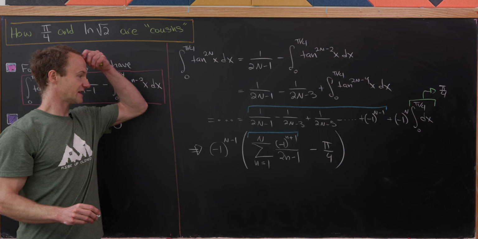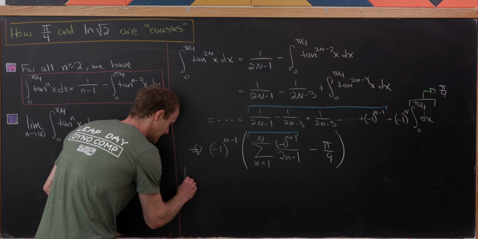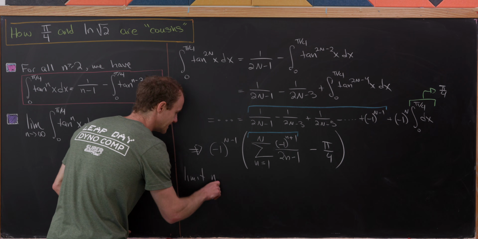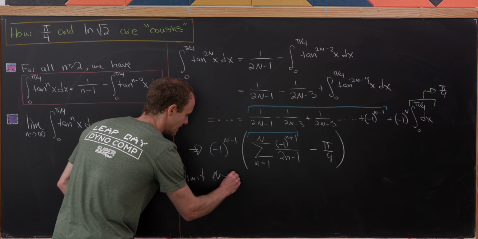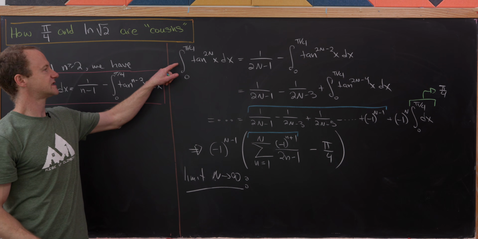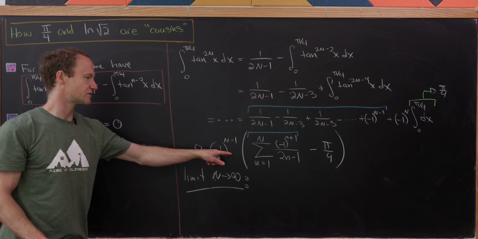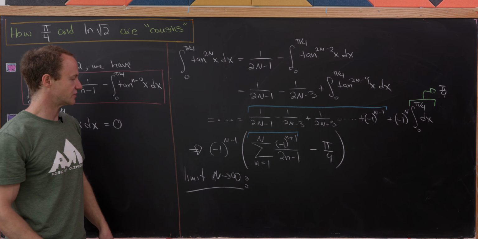Okay, so that's cool. But now let's take the limit. So if we take the limit as maybe capital N goes to infinity, what do we get? Well, let's observe that this left-hand side will go to 0. That means this right-hand side also goes to 0.